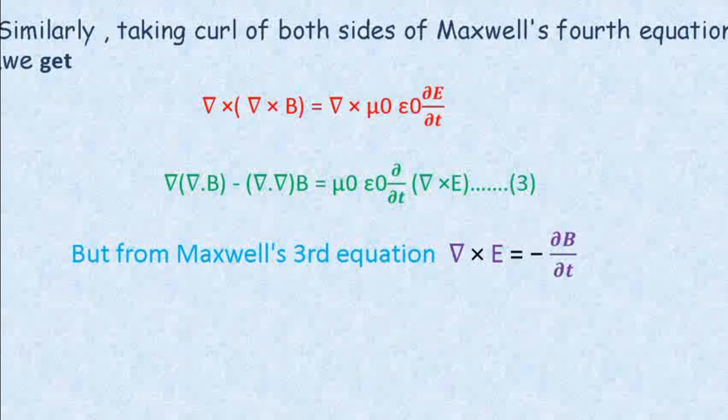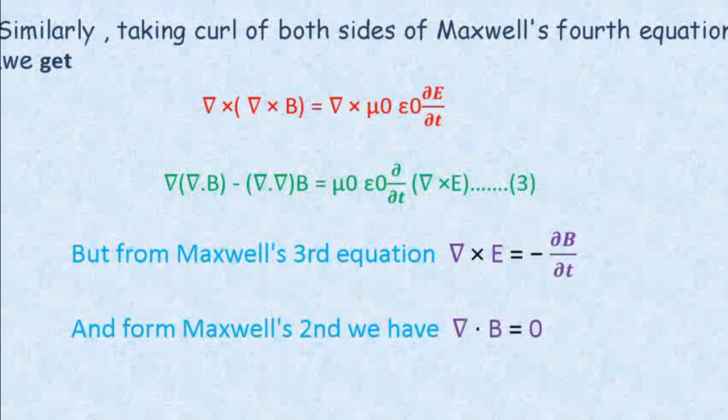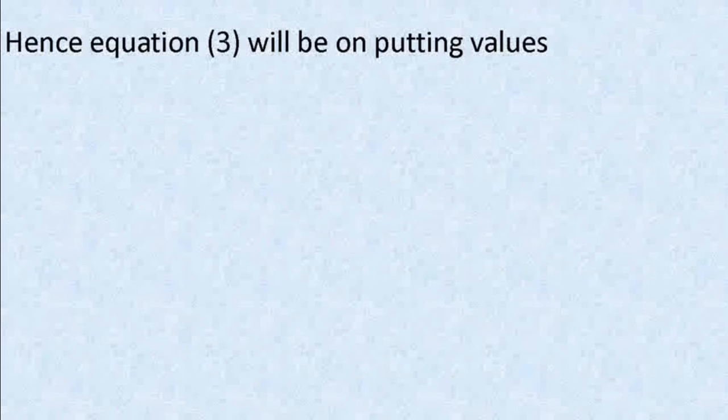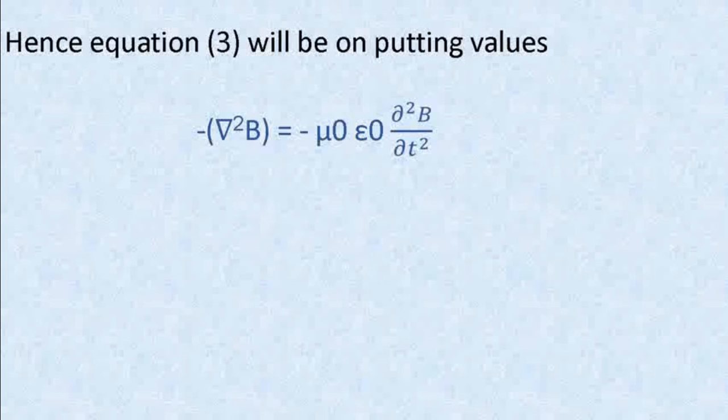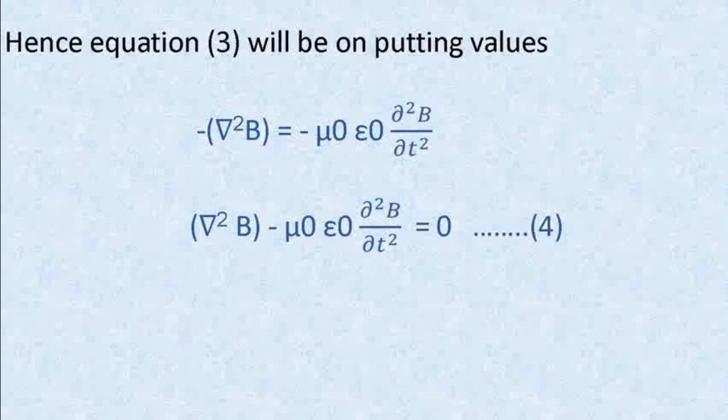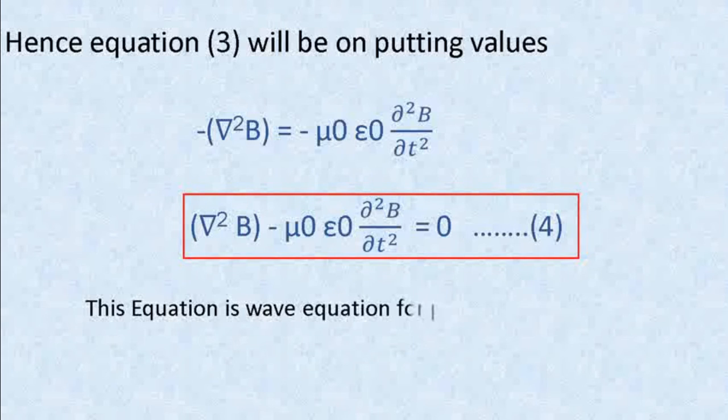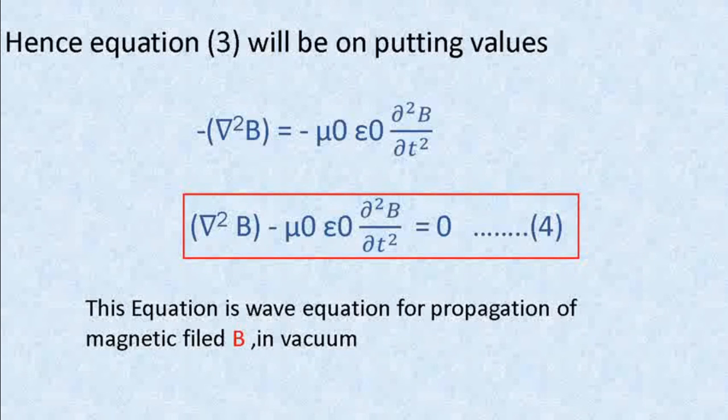But from Maxwell's third equation del cross E equal to minus del B by del t, and from Maxwell's second equation we have del dot B equal to 0. Hence equation 3, on putting values, will be minus del square B equal to minus mu naught epsilon naught del square B by del t square, and arranging it we will have del square B minus mu naught epsilon naught del square B upon del t square equal to 0. This equation is the wave equation for propagation of magnetic field B in vacuum.